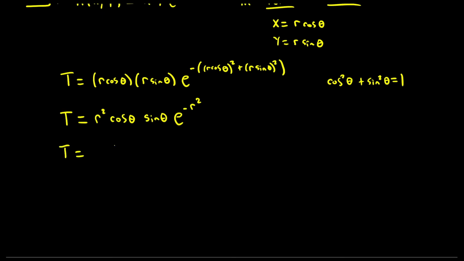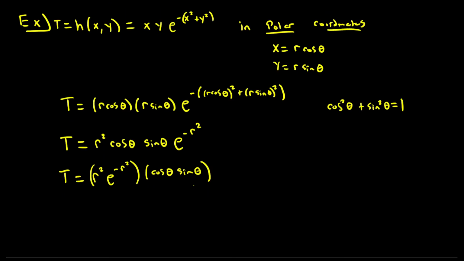So we have this nice function here now that's a product of a function of r and a function of theta. And if we were to compute the partial derivatives of this new function with respect to r and theta, you could do that consistently and nicely.